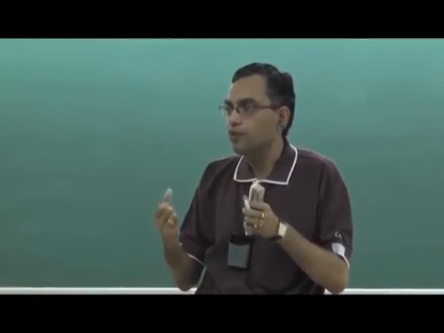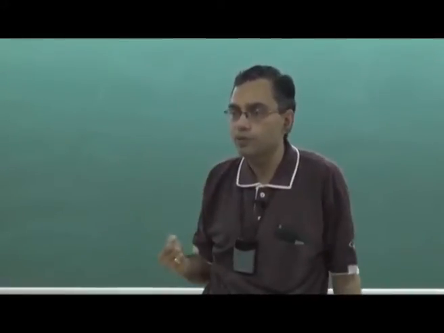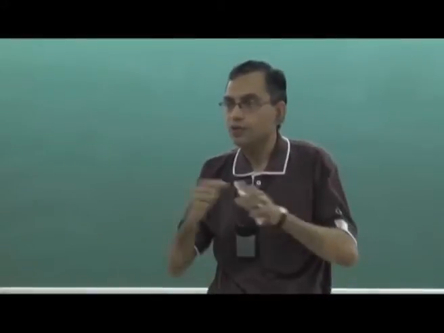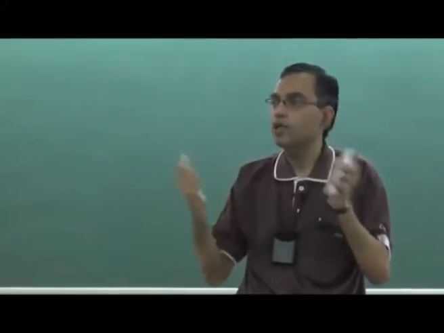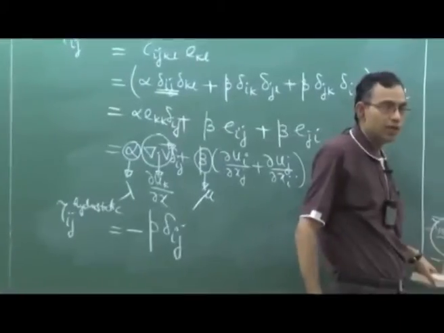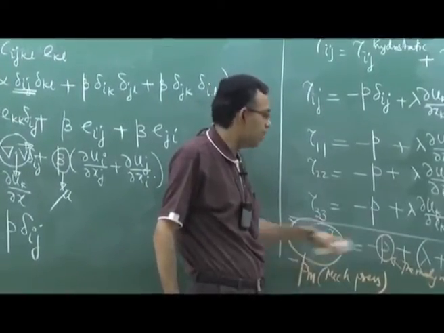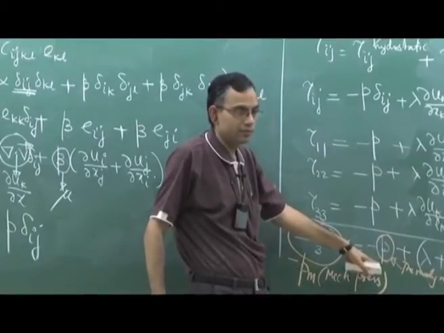For example, for an ideal gas, P is equal to rho RT, that P is thermodynamic pressure. So it relates to other thermodynamic properties through the equation of state. So mechanical pressure which relates directly to mechanical forces in general may not be thermodynamic pressure.